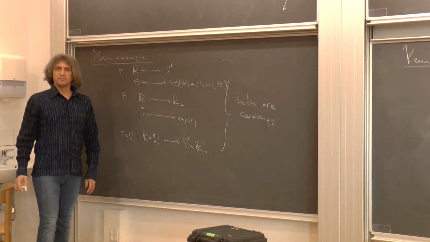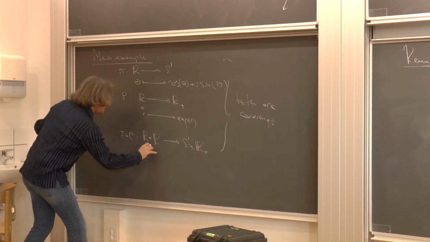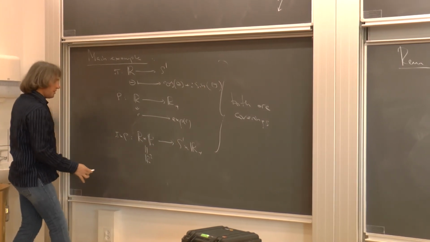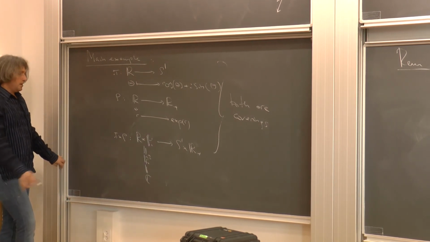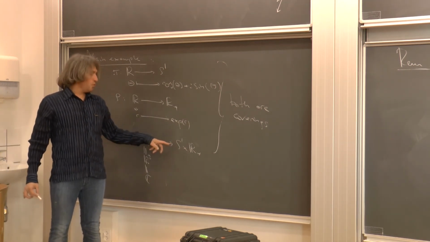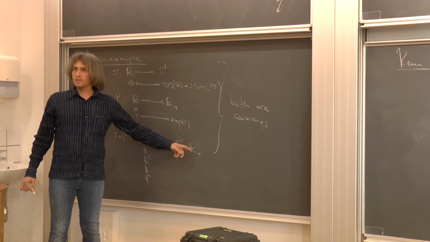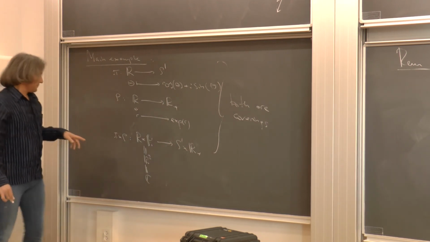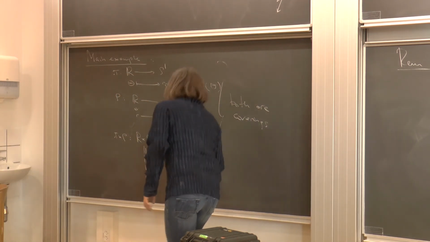By the way, this R cross R has another notation, R2, or also C. And this S1 cross R plus is a typical way to realize a non-zero complex number in polar coordinates. This is the radius, and this is the angle. So then, this is C without zero.